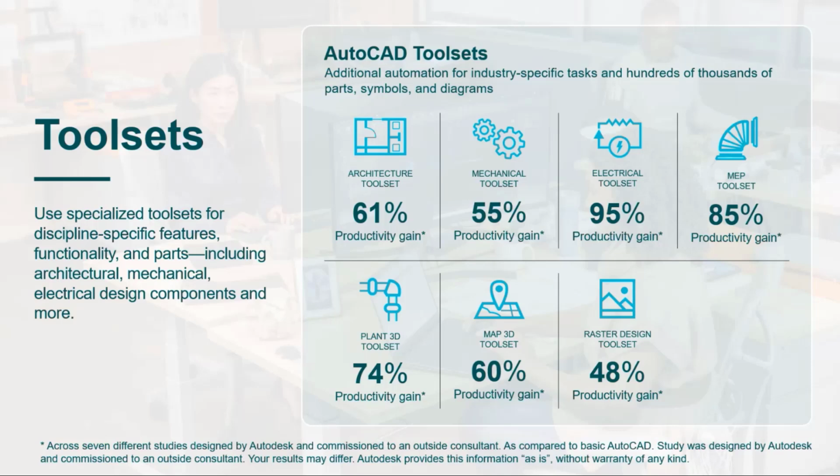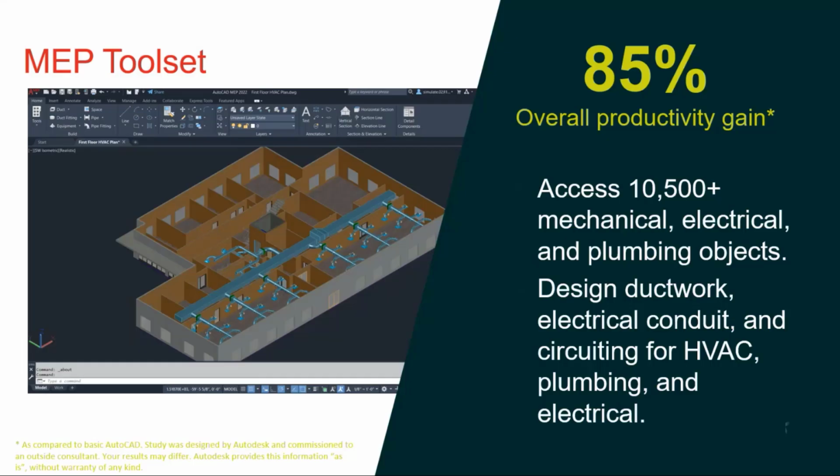Whenever you are converting your PDF drawings into drawing files, make sure you are working with the Raster Design toolset, because it helps you convert your image files into drawing files with higher accuracy and more efficient drawings.